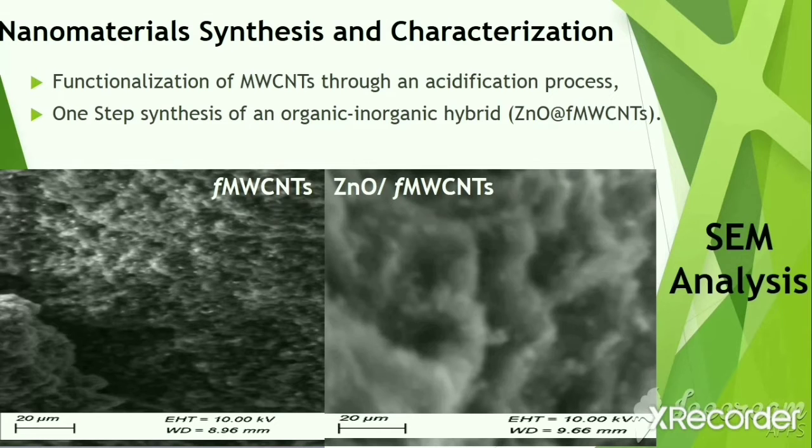In this work, we have successfully synthesized a new organic-inorganic hybrid based on treated carbon nanotubes. The treatment of the carbon nanotubes passed through an acidification process using nitric acid and sulfuric acid. To check and evaluate the morphology of the nanohybrid, a scanning electron microscopy analysis was performed. As you see on the left of the screen here, the carbon nanotubes have a well displayed porous surface due to the acidification process, of course.